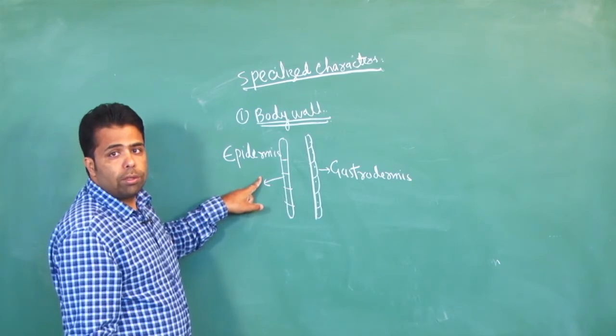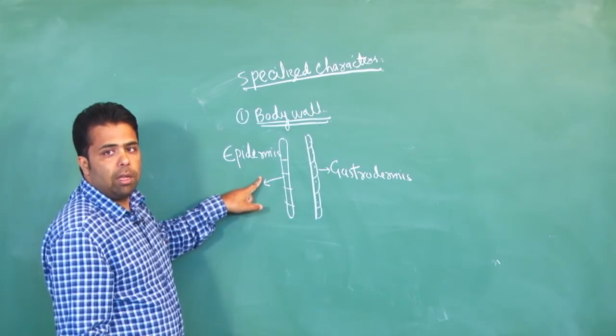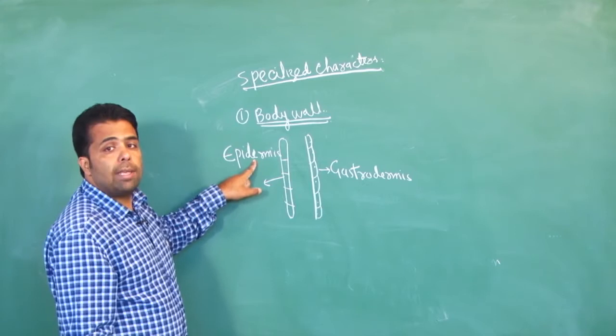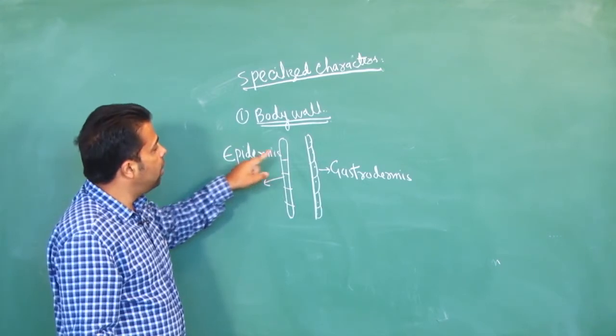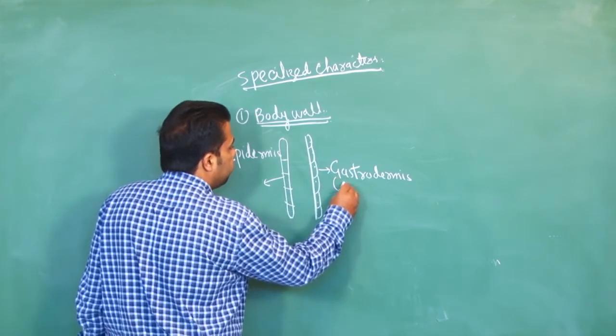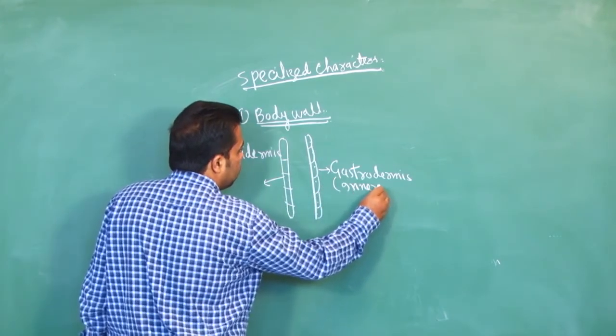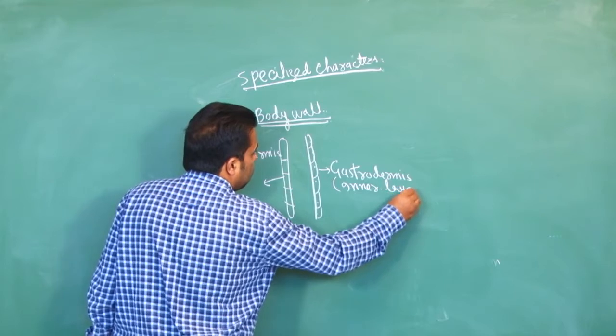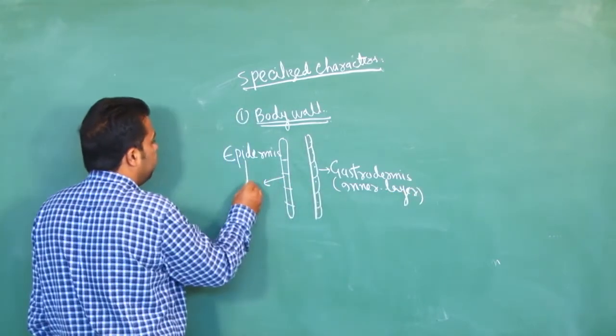So there are two layers in coelenterata. The outer layer is called epidermis and the inner layer is called gastrodermis. This is the inner layer, and this is the outer layer.